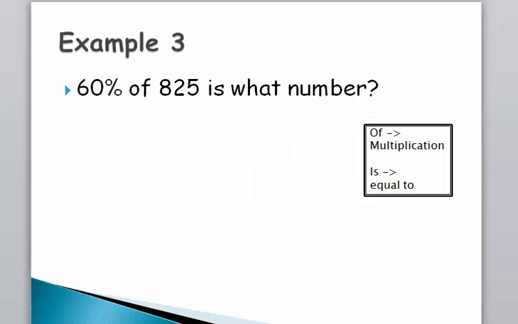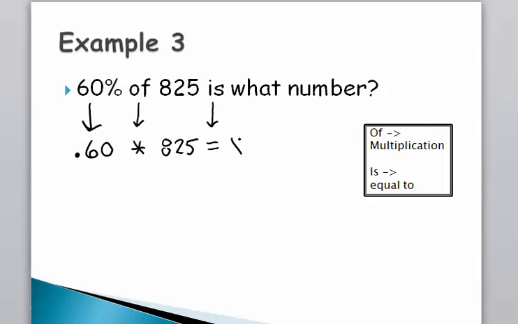Our third example, 60% of 825 is what number? So again, we'll take the 60% and we'll write it as a decimal. 60% is equivalent to 0.60. The of translates into multiplication, and we'll bring the 825 down. The is an equal to, and then what number?